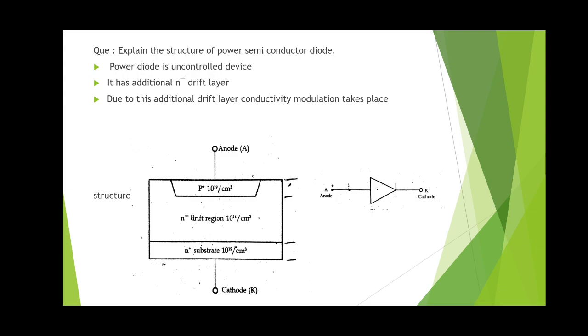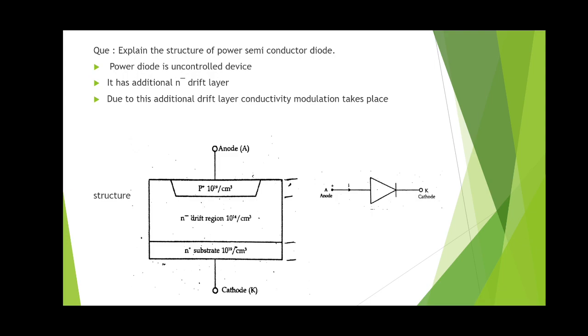On this N plus substrate, a lightly doped N minus epitaxial layer is grown. Here the heavily doped substrate forms the cathode, and on this cathode one extra layer which is lightly doped; if it is lightly doped we write it as N minus, if it is heavily doped we write it as N plus. So this drift region is grown epitaxially.